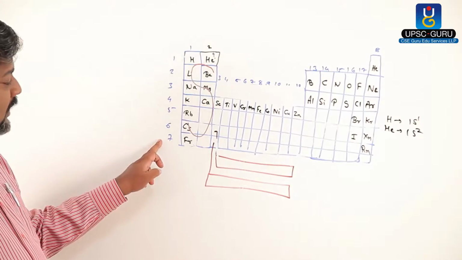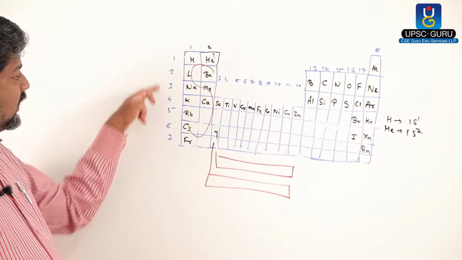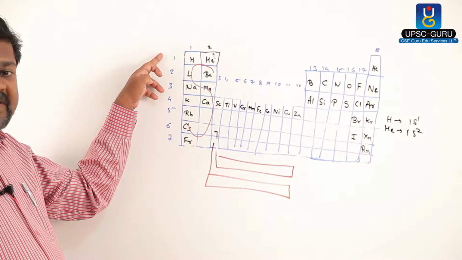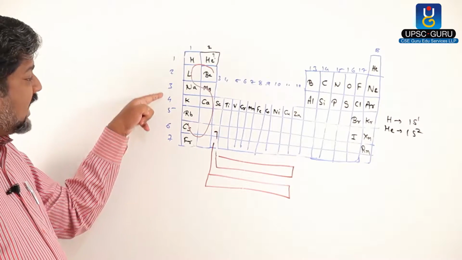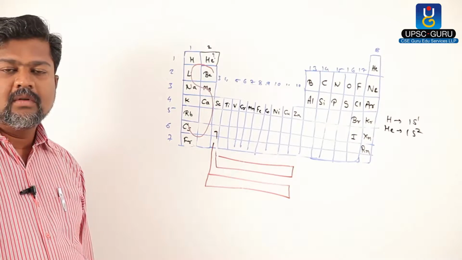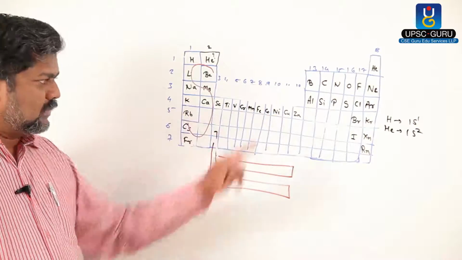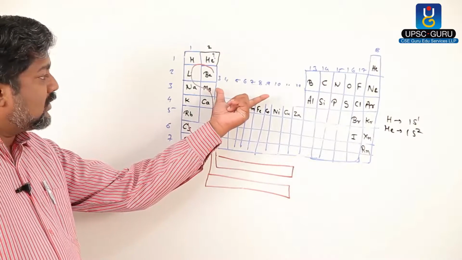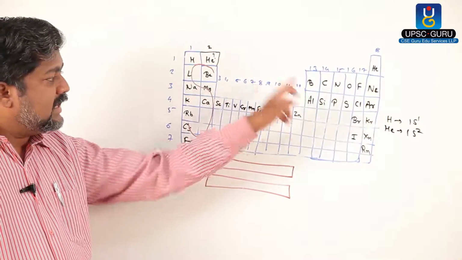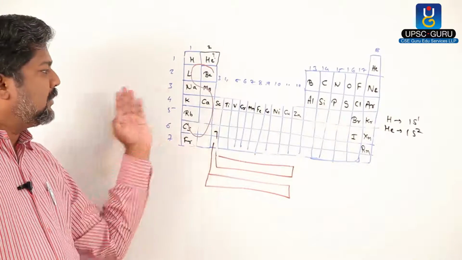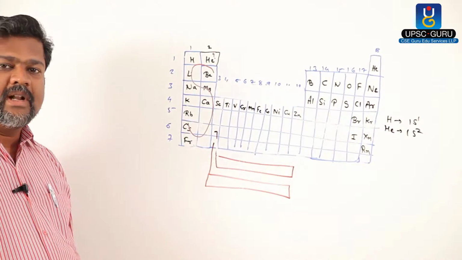We are not considering the seventh period, so there are six periods. Out of that, the middle one is either third or fourth, and therefore they consider the third. But I would prefer the fourth. Why? Because in the third period, these 10 elements are not present. But still they say the third period is called the representative element.